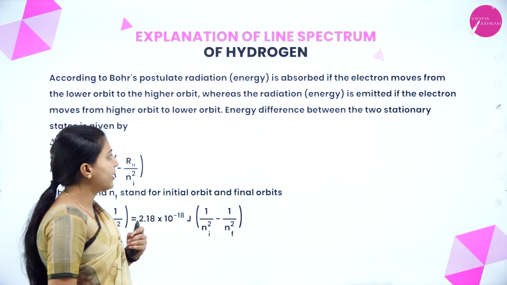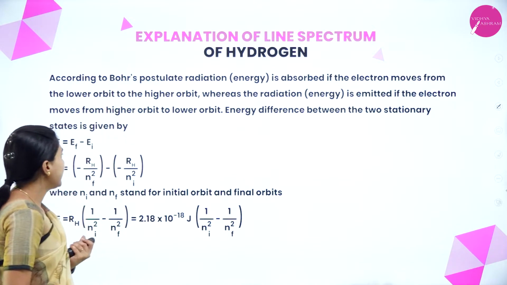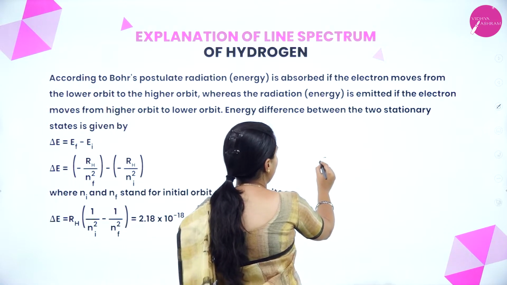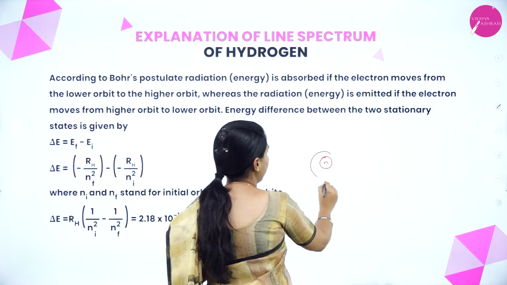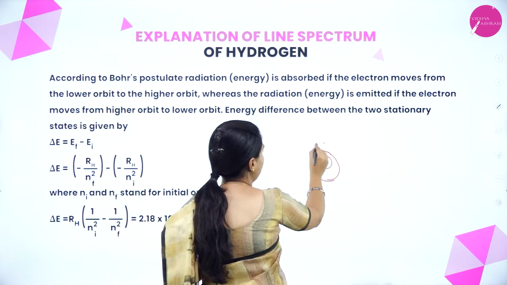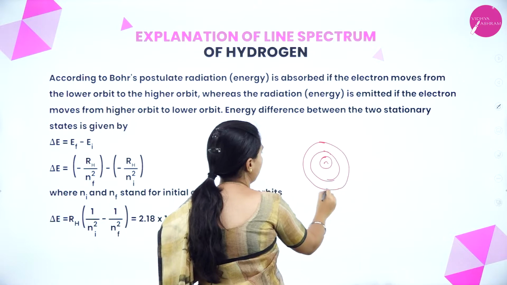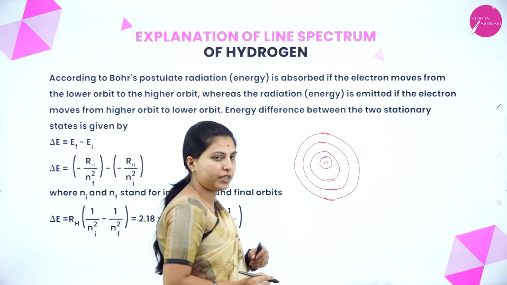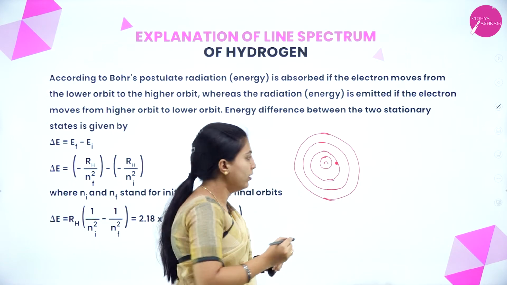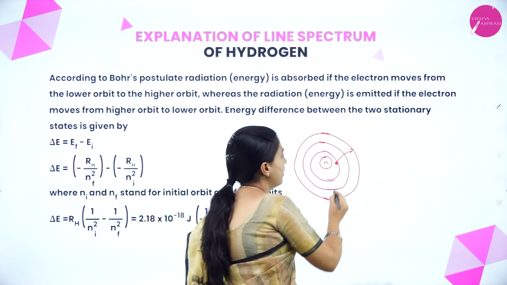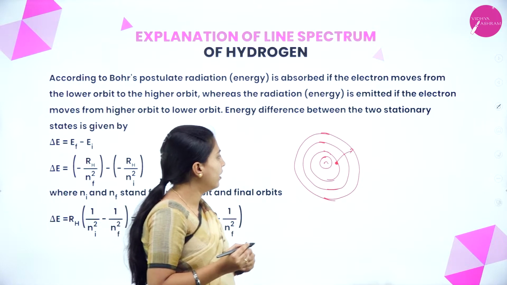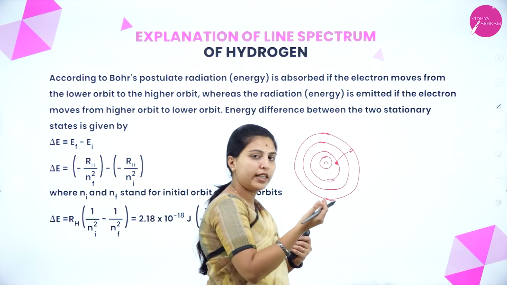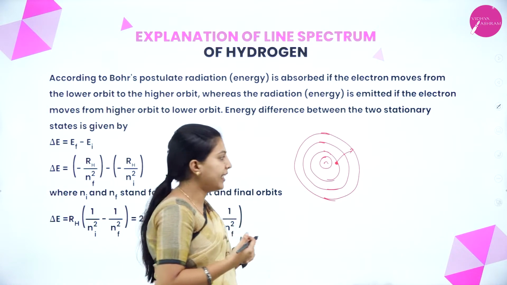The energy difference between the two stationary states is given by, as I have already written, this is the nucleus. These are the orbits. This is an electron. It is moving from a lower to a higher energy level, which means it has been excited.